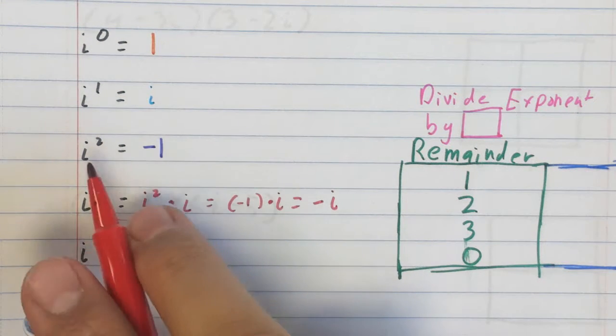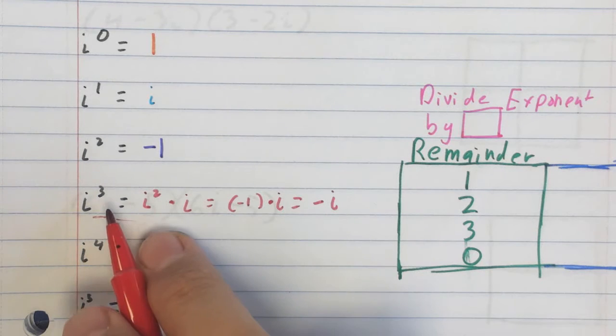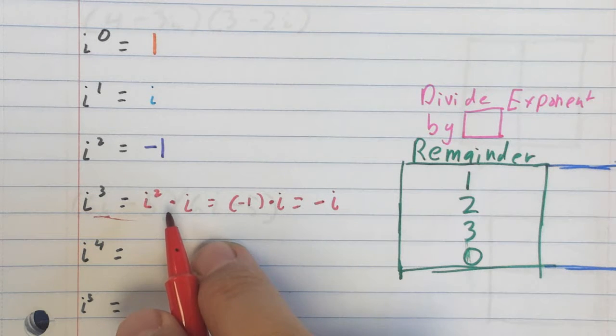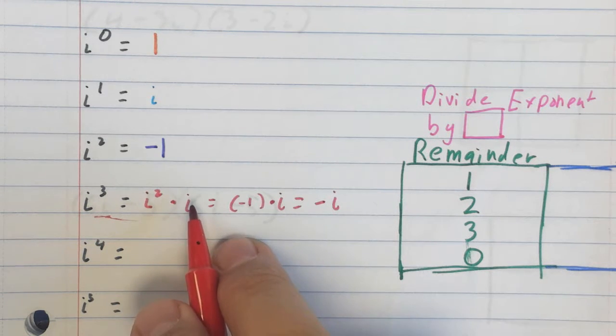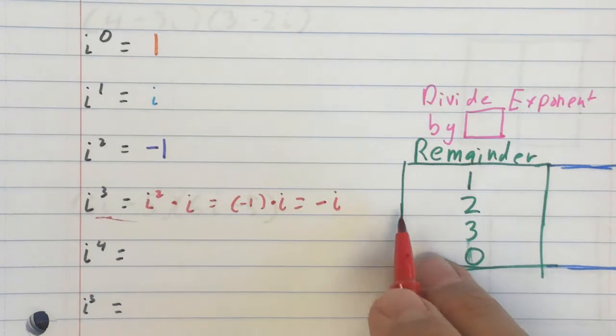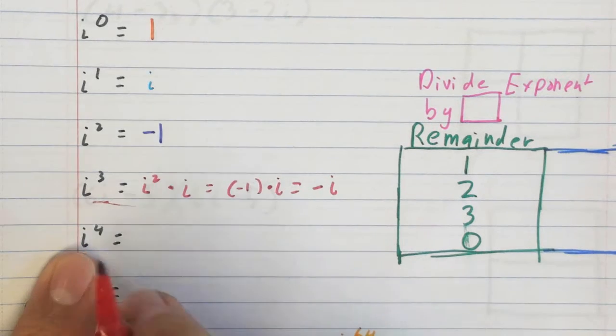Again, we have I to the second power times I, that's the same as I to the third, and just like you would normal variables, add the exponents. I squared times I is the same as -1 times I, because I squared is -1.